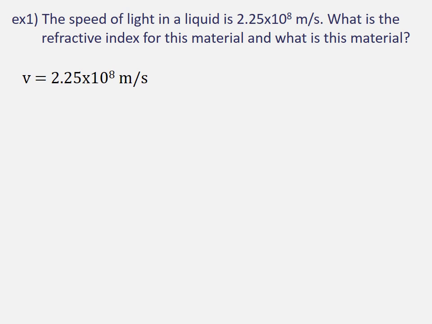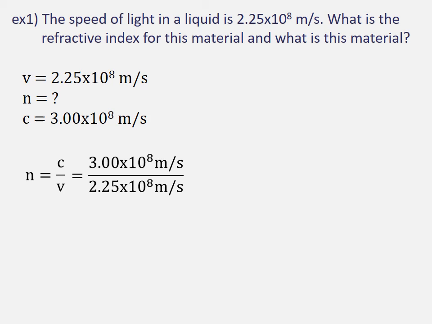What is the refractive index? So we are looking for N. And we know that all these questions will involve the speed of light, which is C. So the first thing I'll do is write down my formula. And since I'm looking for N, and N has already been isolated, I can sub numbers in.